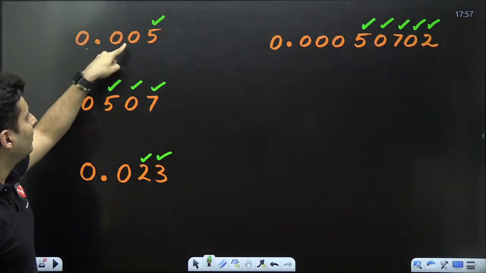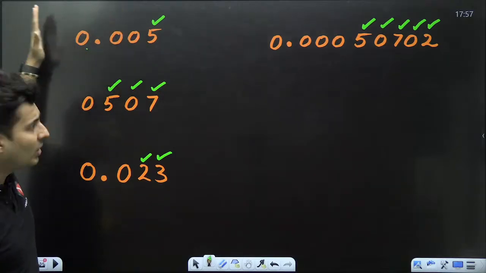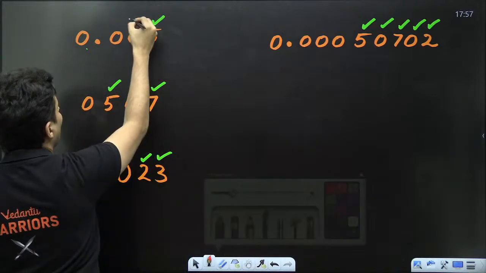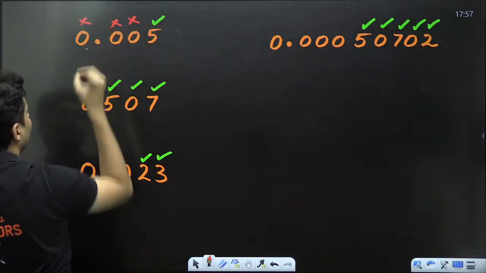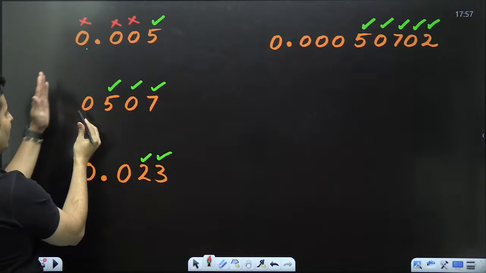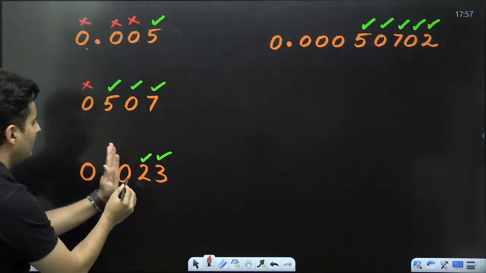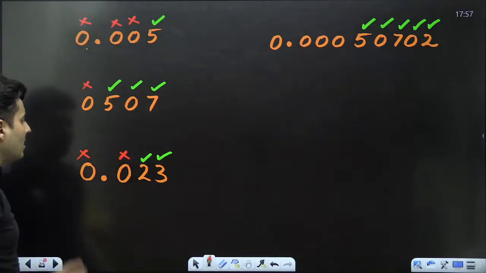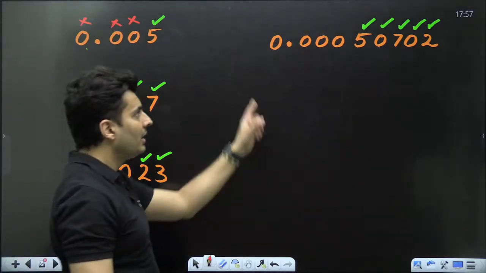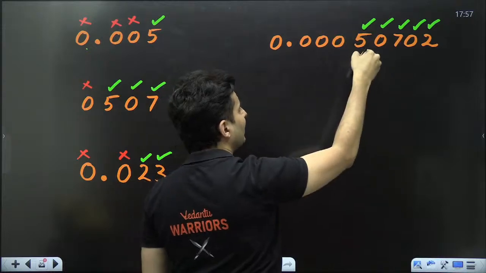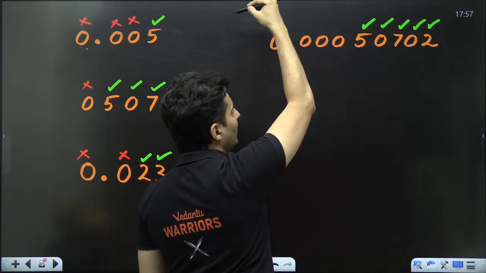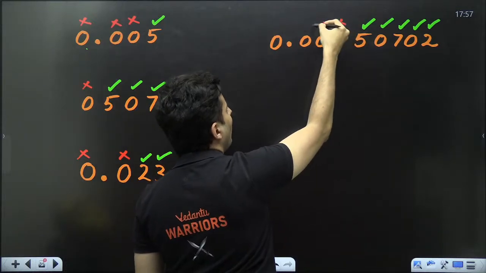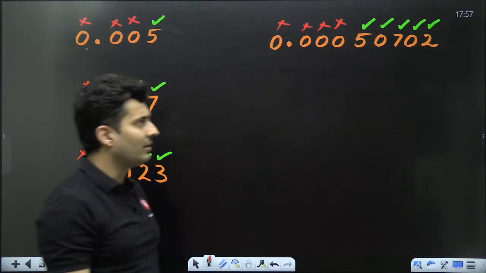So all these are not significant. Even if it is after the decimal, it doesn't matter; once that first non-zero number is there, the zeros to the left of it, whether after or before the decimal, are all not going to be significant.